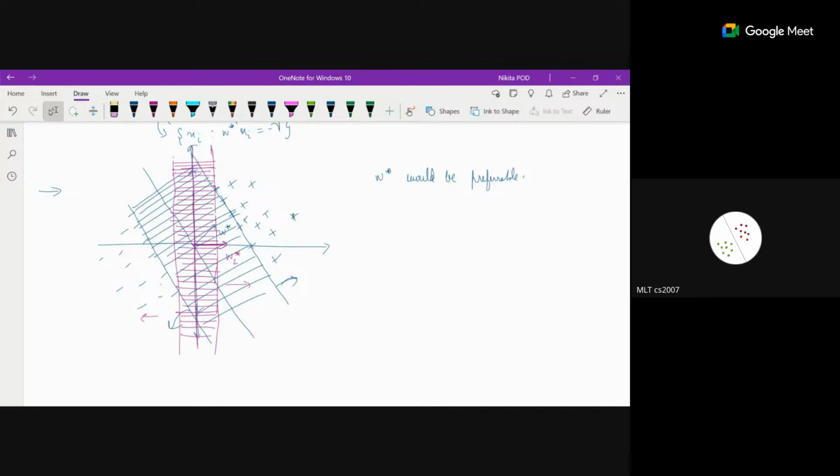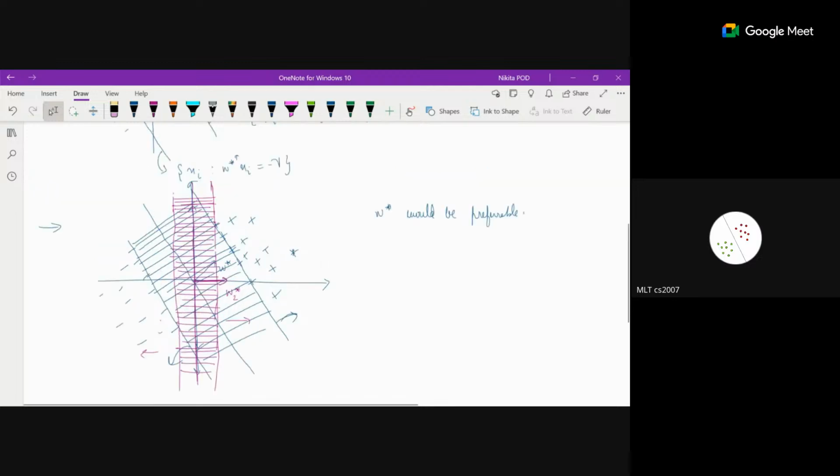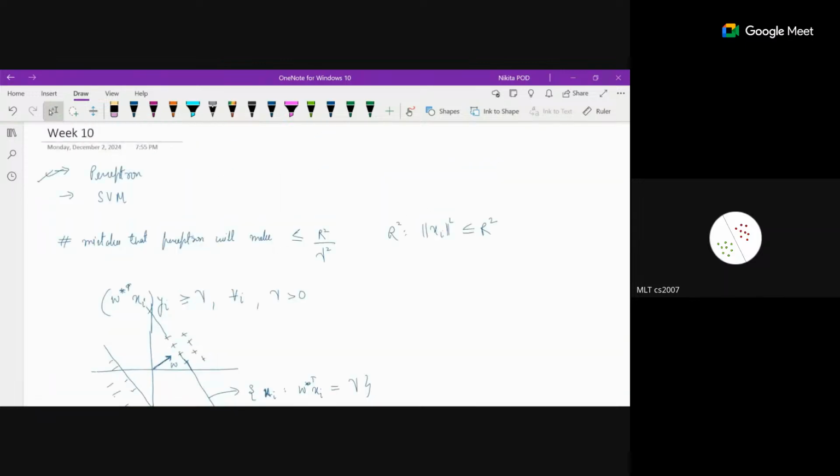It's just that the number of mistakes the perceptron algorithm makes is what we had seen, R square by gamma square.